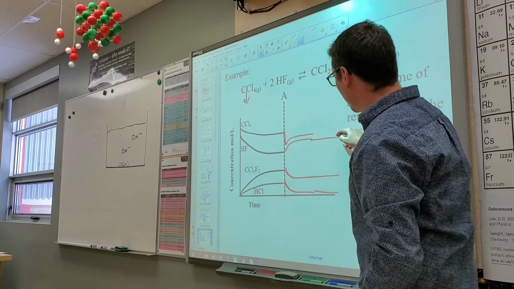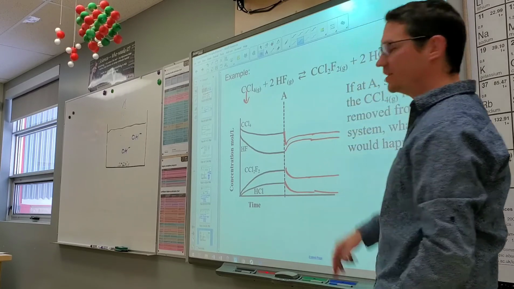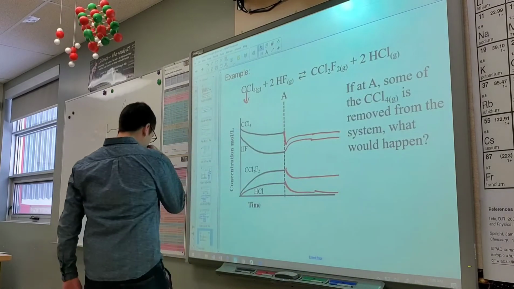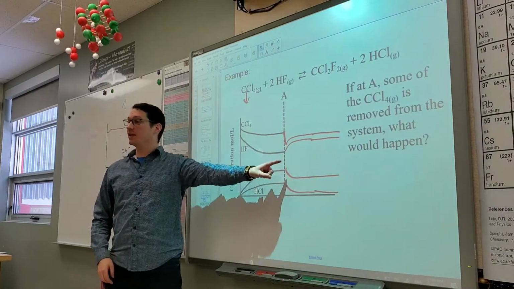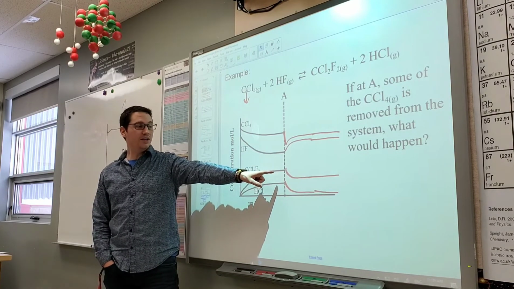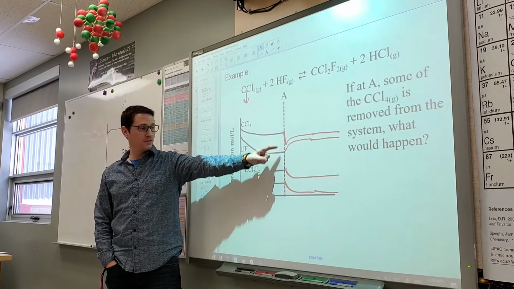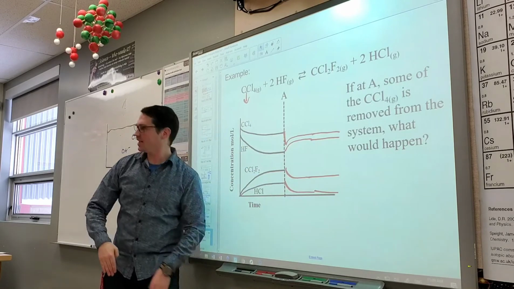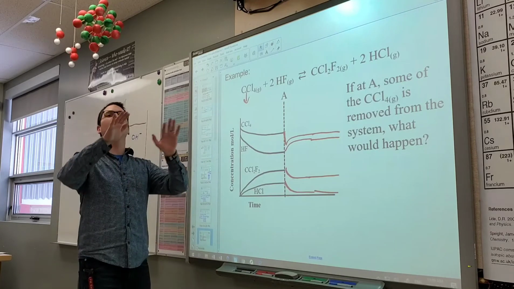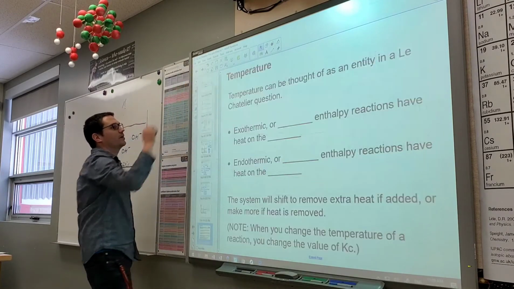And that new equilibrium will be established until we disturb it again for the rest of time. Can you see the difference between an immediate change and a slow change on a graph? An immediate change, what does it look like? Looks like a spike down or a spike up, right? Boom, immediate change, and then slowly we change. Okay, cool.